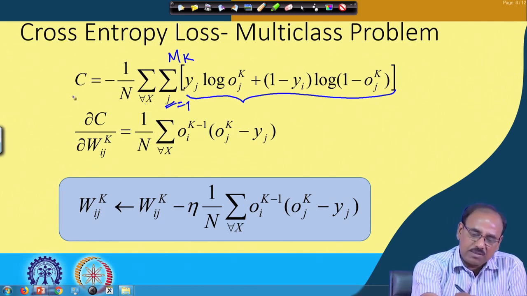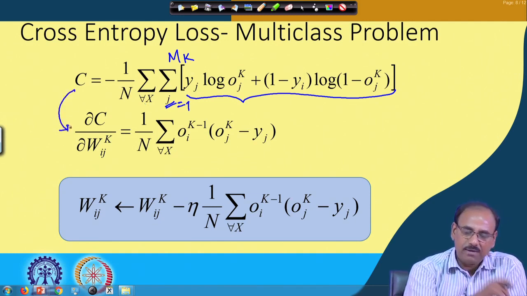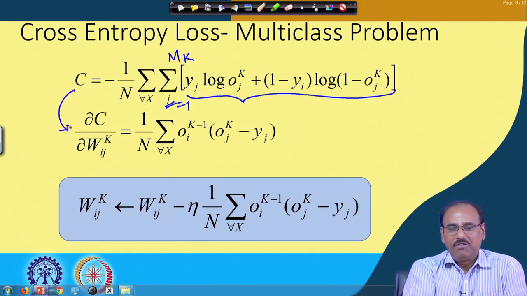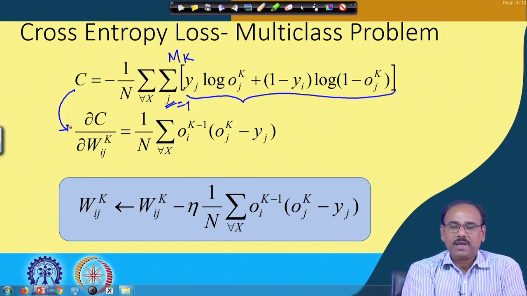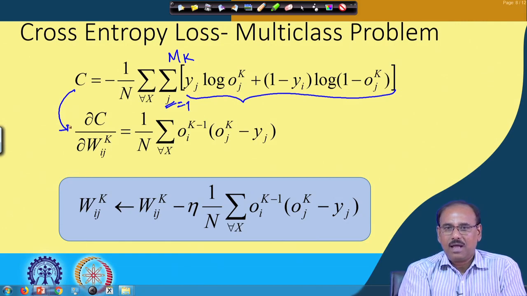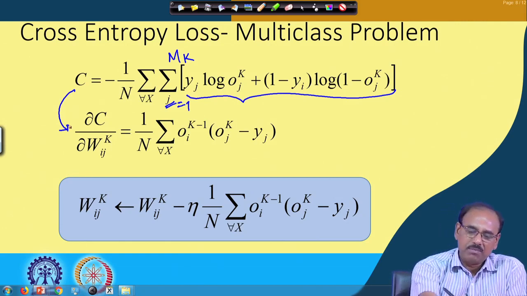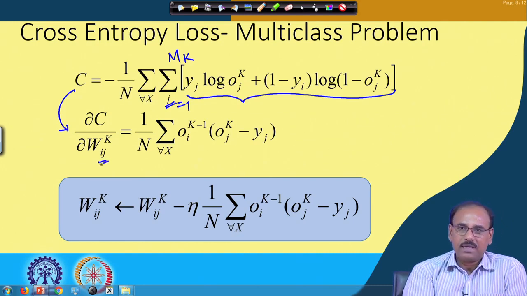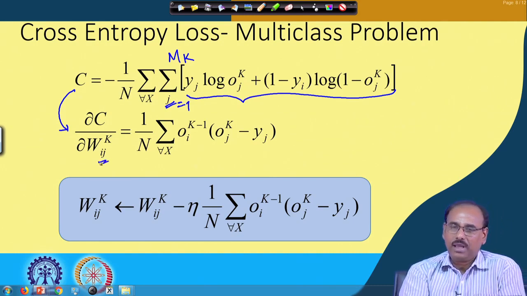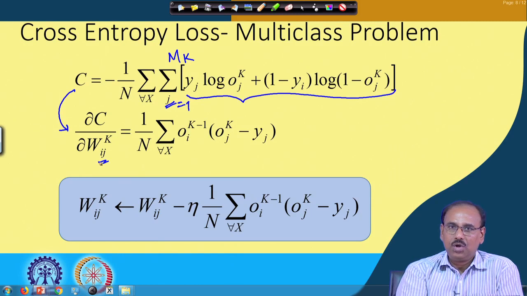And again here, as before, if I take the derivative of C with respect to Wij, now you find that I have multiple layers and multiple nodes in every layer. So, my index becomes ij, that is from the ith node in the k minus first layer to the jth node in the kth layer.